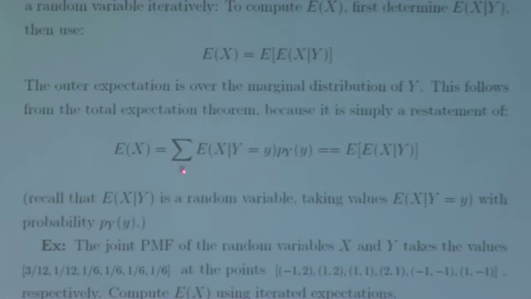So sum over all y, expected x given y equals y, times py of y. This is an adaptation of the total probability theorem, and it's called the total expectation theorem. So expected value of x given y times py of y summed over all y gives me the expectation of x. But do you notice what that is?